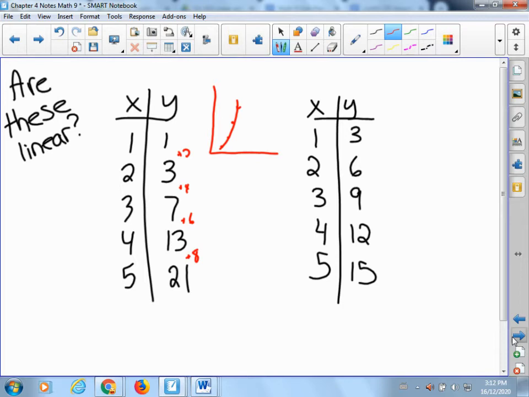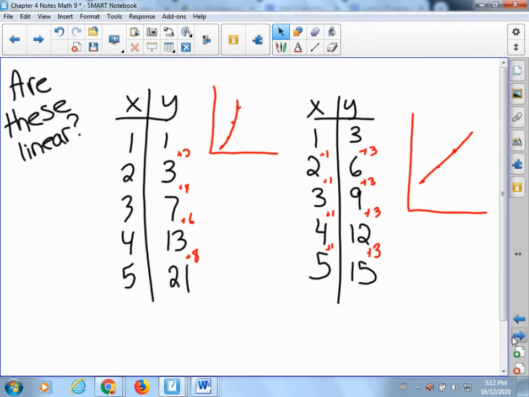The second one is going up by 3, and 3, and 3, and 3. And this side goes up by 1 each time. So because I can see that there is a set pattern, if I were to graph this one at 1, 3, 2, 6, 3, 9, and I had it all properly numbered, it would make a straight line, telling me that it is a linear relationship.